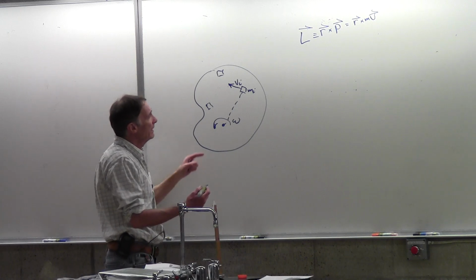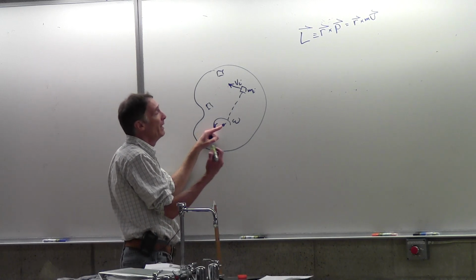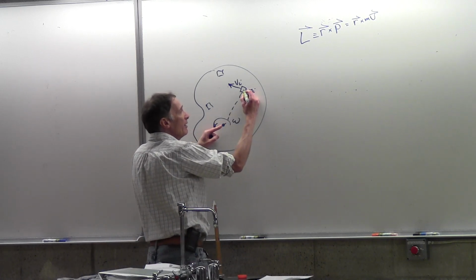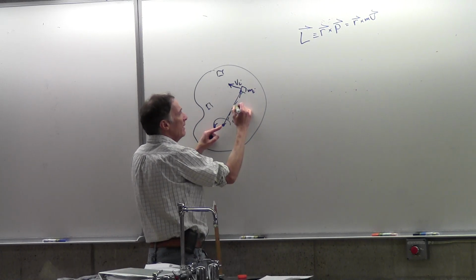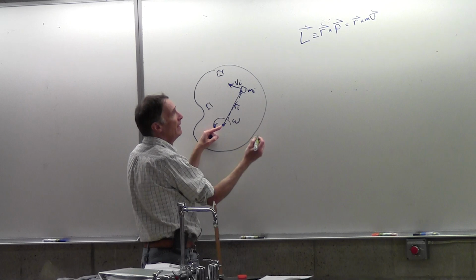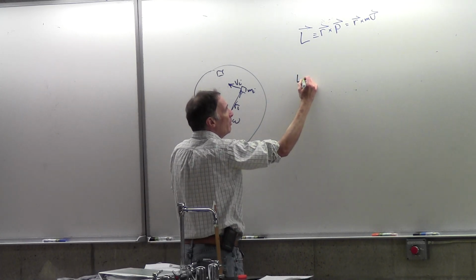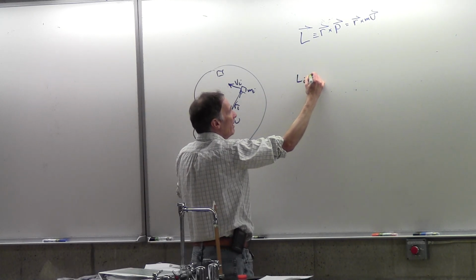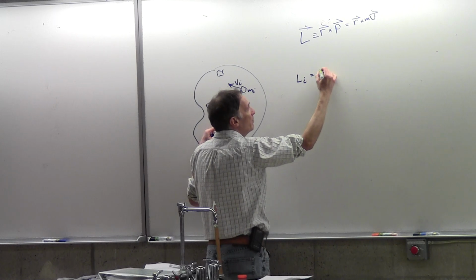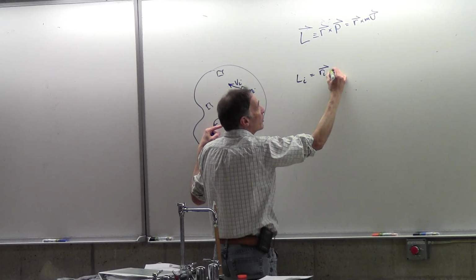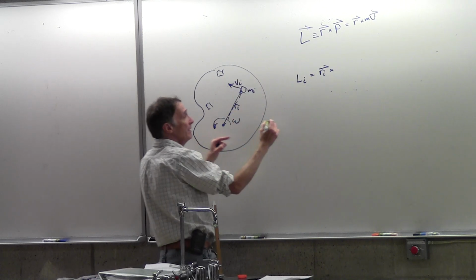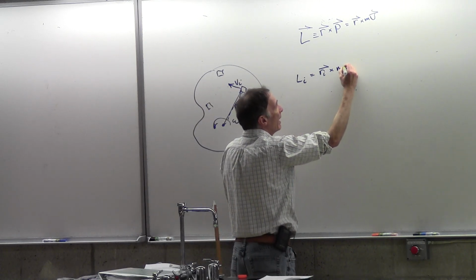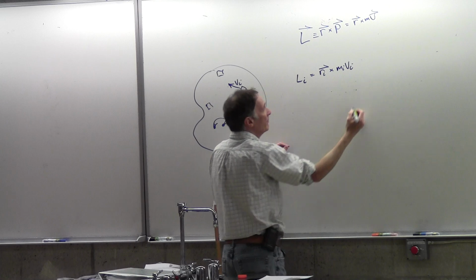First of all, we can deal with the angular momentum of a single piece. That would be this r, and this would be the r sub i. And so I can get the angular momentum of this first piece, r sub i, cross the velocity of this piece, m sub i times v sub i.